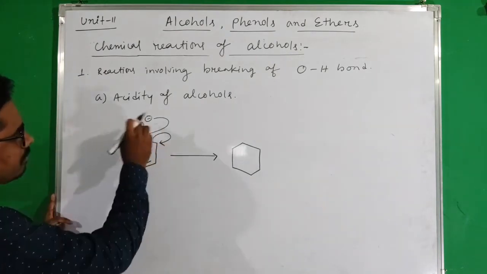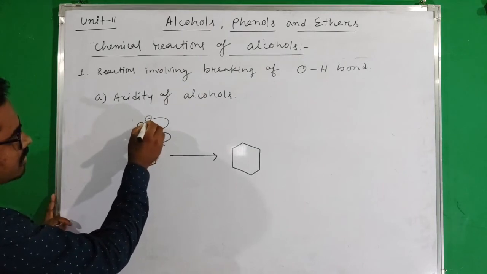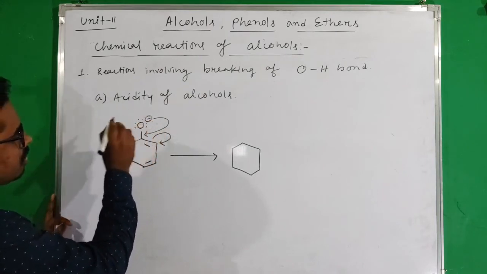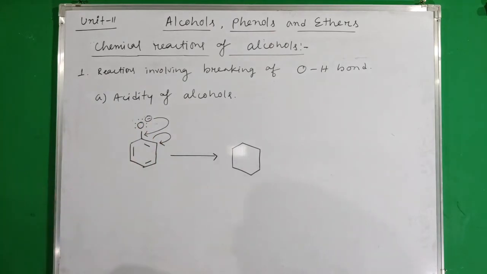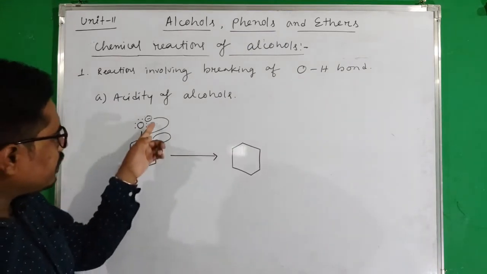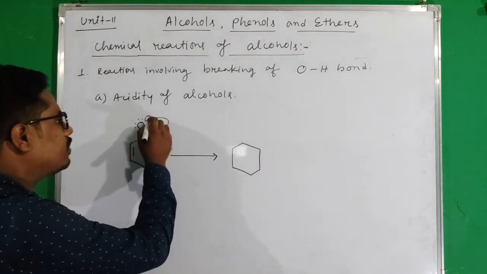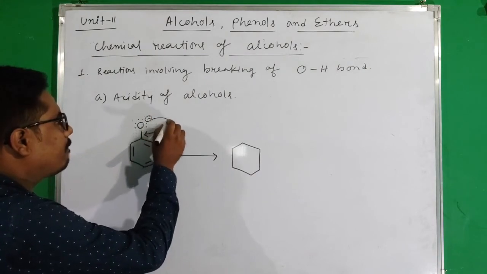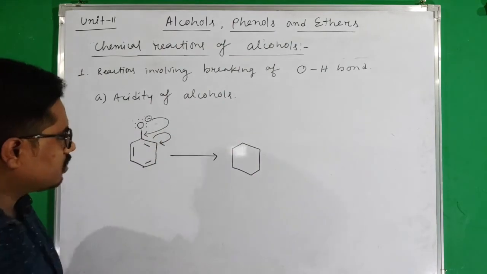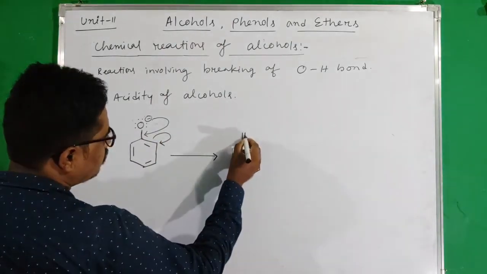That means in this case, 3 lone pairs of electrons are present on oxygen, and due to the presence of an extra electron, a negative charge appears. One lone pair will come in between the oxygen carbon bond, resulting in a double bond.